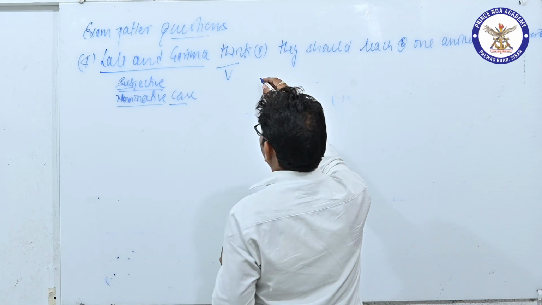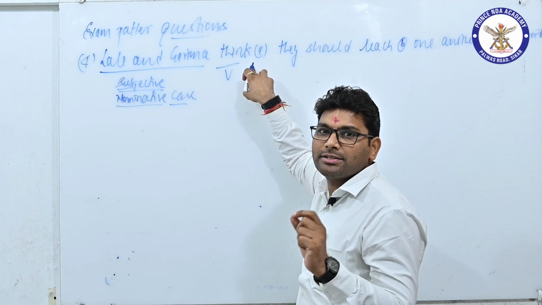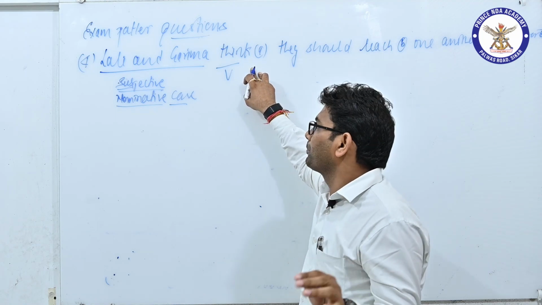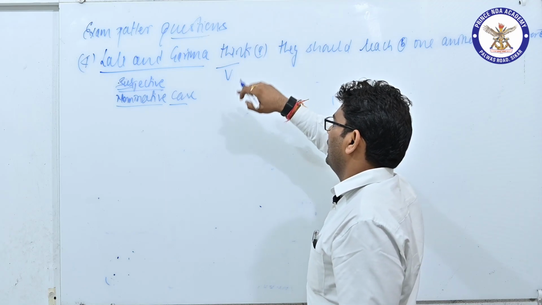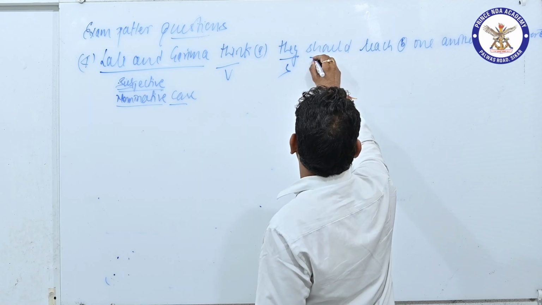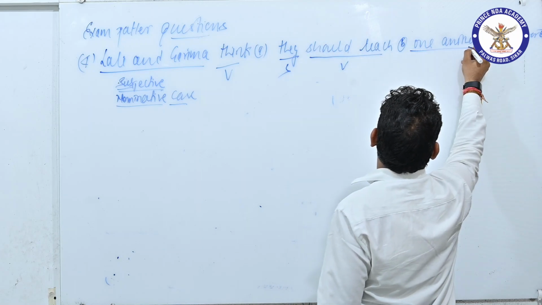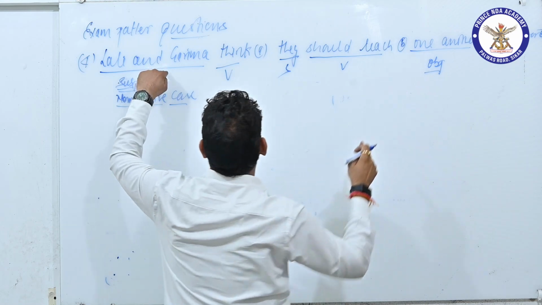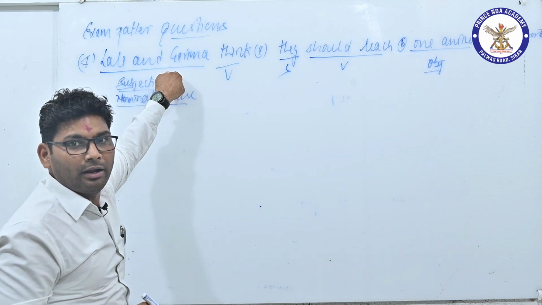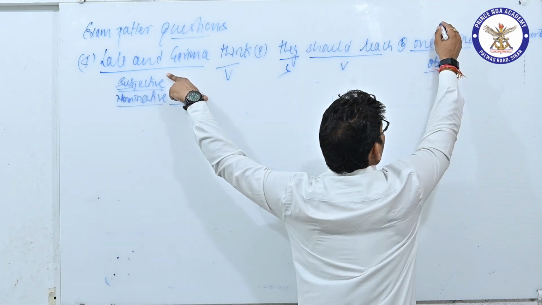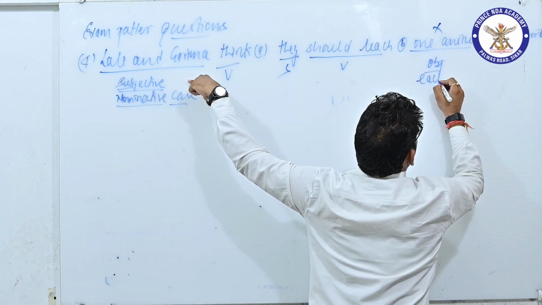We can use a conjunction here, but we can remove it also. Lali and Garima think they should. Again, they is the subject, should teach is the verb, one another is the object, but the word one another has been used for Lali and Garima, and they are two persons. So we have to remove one another and use each other.